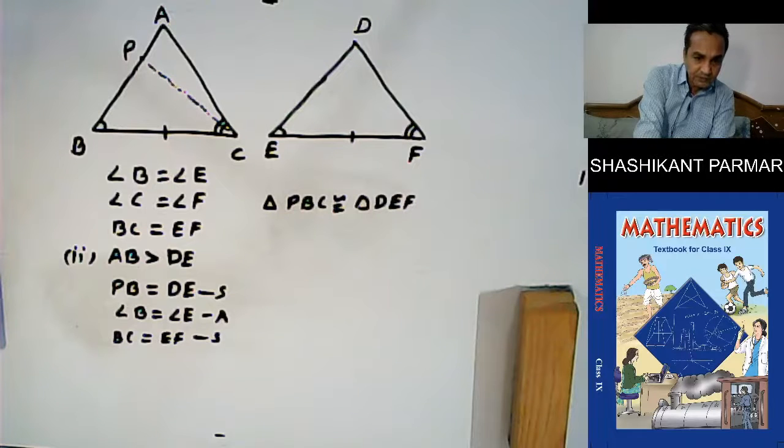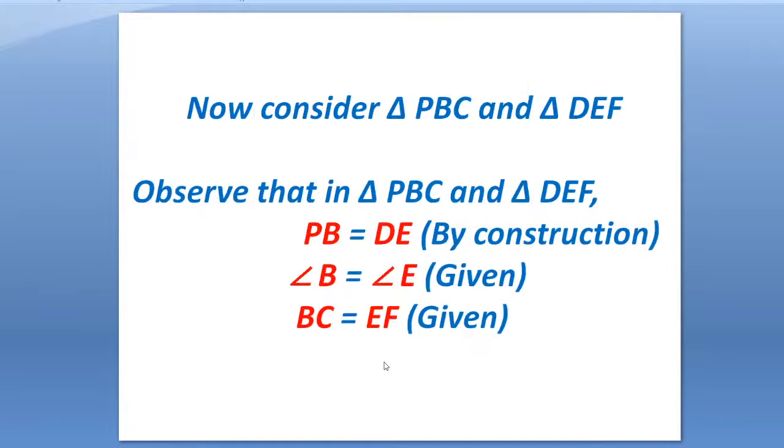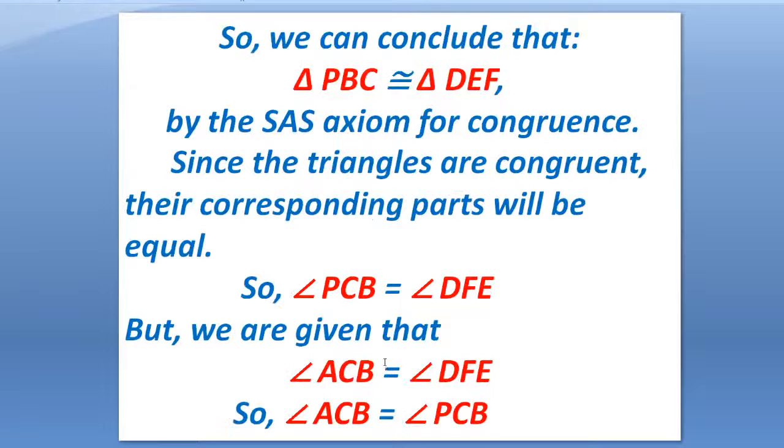See here, just like this. Take a point P on AB such that PB is equal to DE. The figure is clear here, and so PB is equal to DE by construction. Angle B is equal to angle E given, and BC is equal to EF is given.